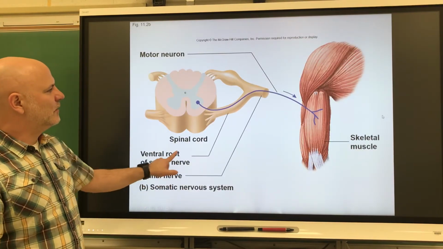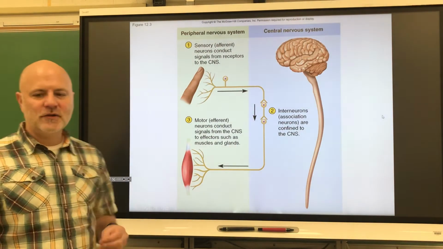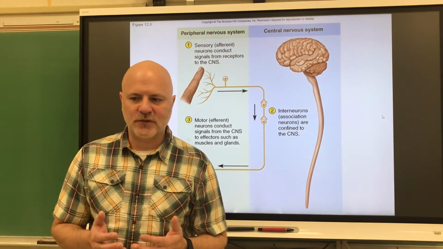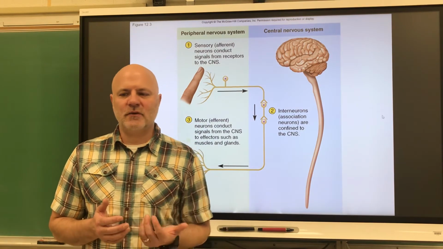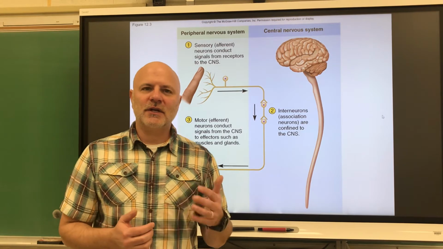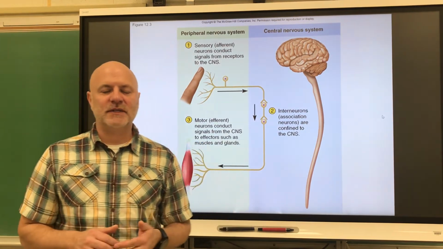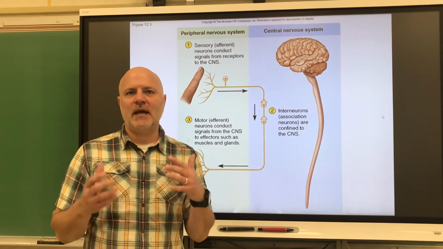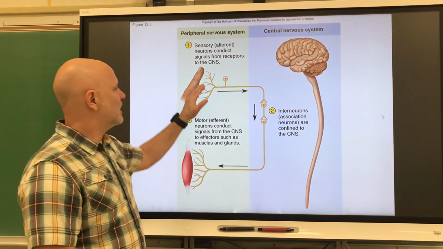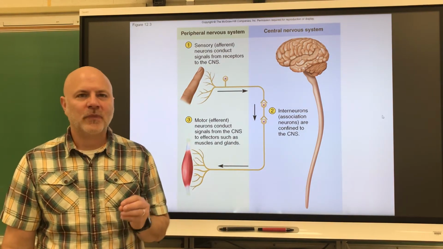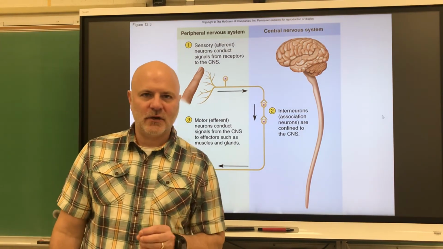Looking at the function of the sensory nervous system, first we're going to have some sort of sensory input. Sensory receptors are going to monitor internal and external changes, and they're going to send those impulses to our central nervous system. Think about your senses: smell, sight, touch, all that stuff. It's going to send a signal into our central nervous system, and that's where integration occurs.